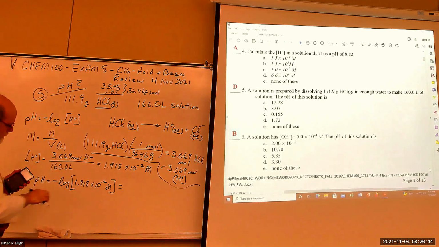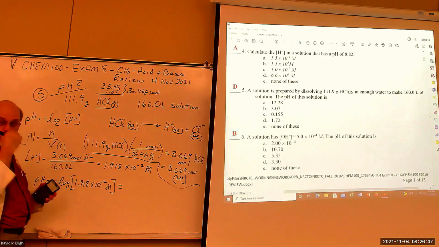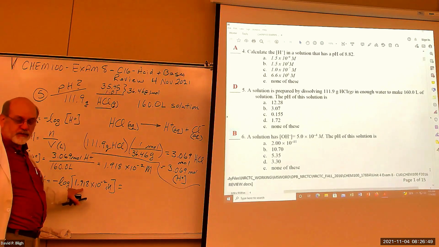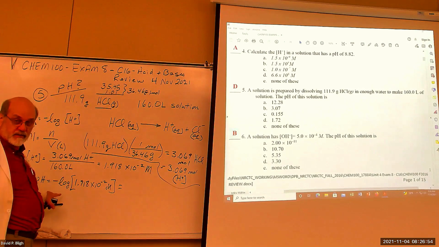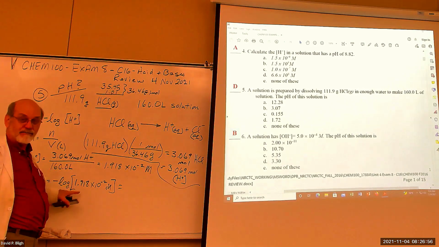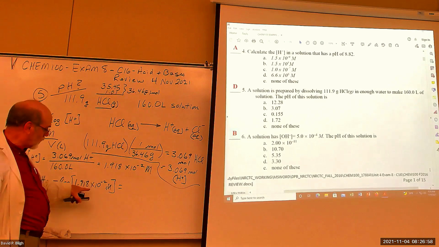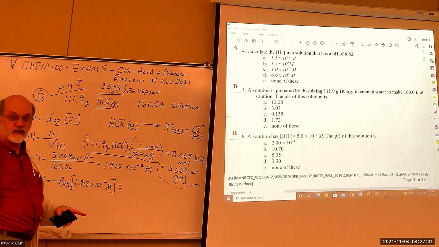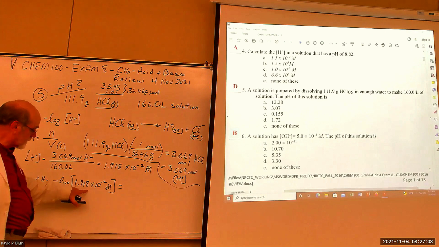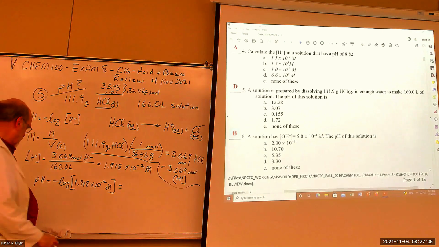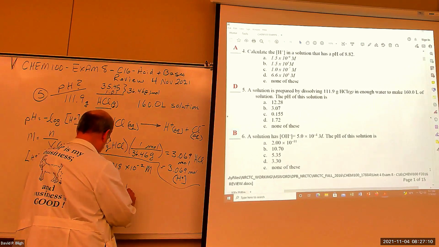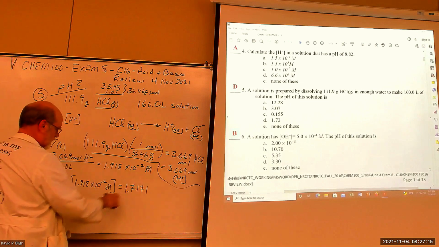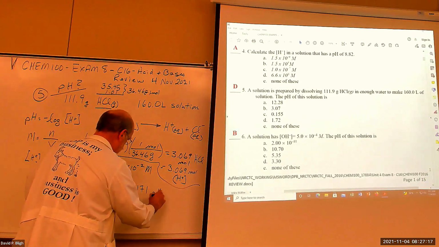When you have 4 significant figures in this part of the calculation, the logarithm can have that many decimal points. So the pH can have 4 decimal points because there are 4 significant figures. So if I do that, I find that I have 1.7171, 4 decimal points. That's my pH.